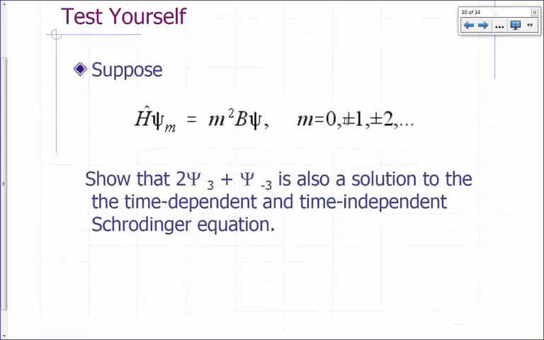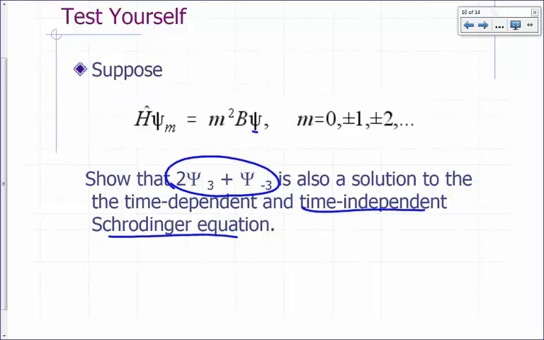So let's say H hat psi sub m, look, this is little psi, equals m squared b times little psi, where m is 0, plus or minus 1, plus or minus 2, and so on. What if we took the linear combination of psi 3 and psi negative 3? Would that still be a solution to the time-independent Schrodinger equation? You're supposed to show that it is, so why should it still be a solution? What is E3?